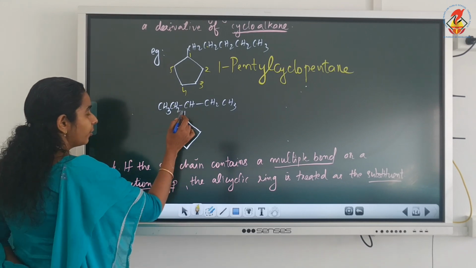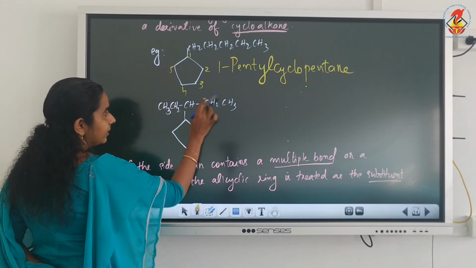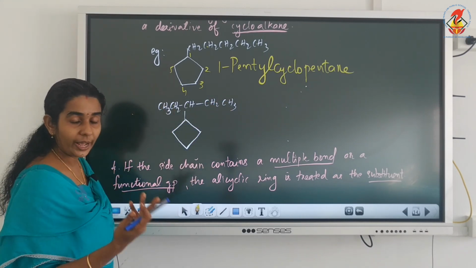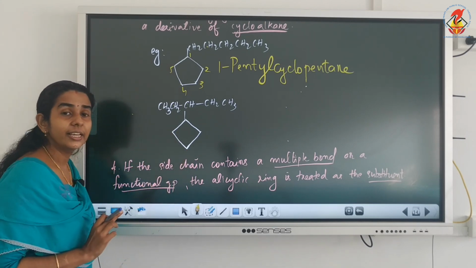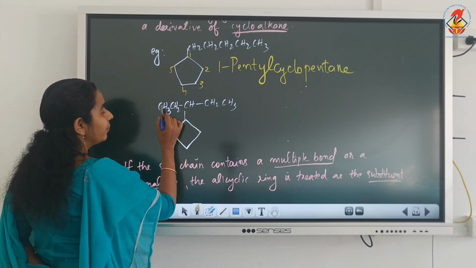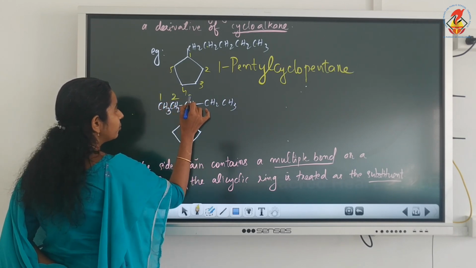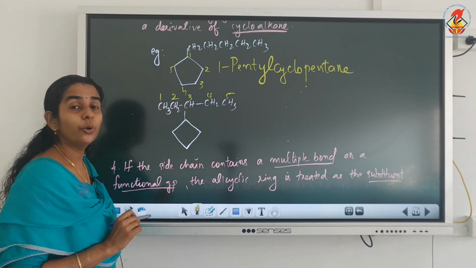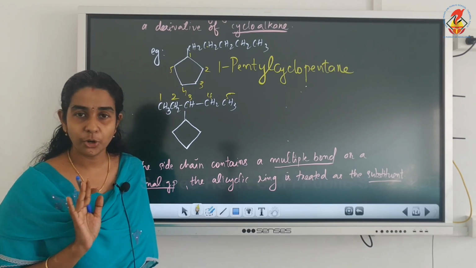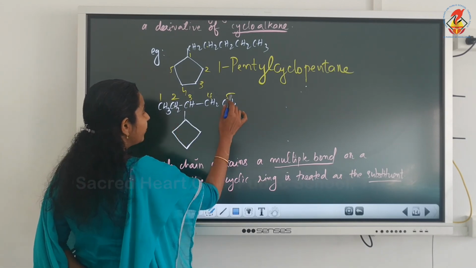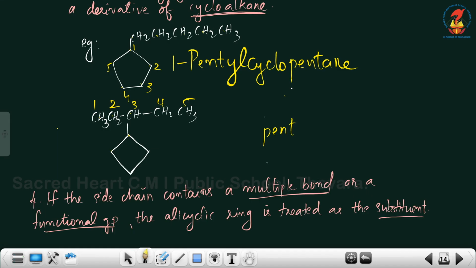So here the alkyl chain is the parent and the ring goes as a substituent. We number the chain 1, 2, 3, 4, 5. Here there is no need to give numbers in the ring because that is not the parent. Five carbons means pent, and they are singly bonded, so pentane.